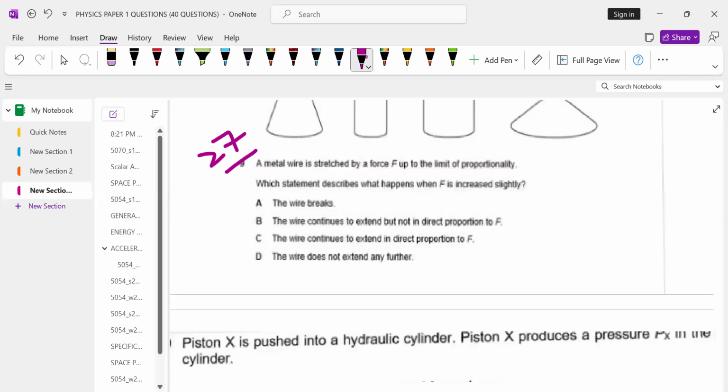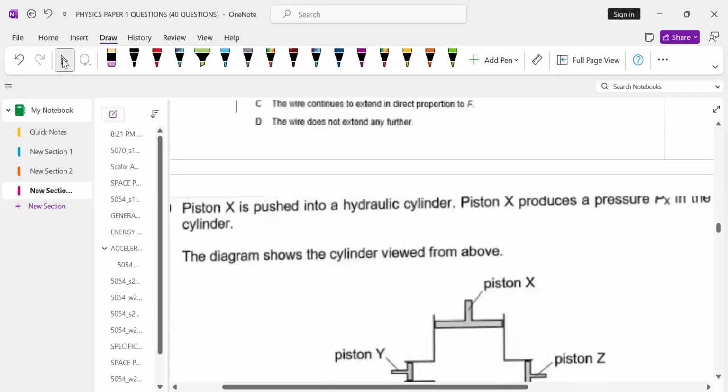A metal wire is stretched by the force F and pulled up to the limit of proportionality. Which statement describes what happens when force F is increased slightly? So when the limit of proportionality is reached and the wire is still stretched with the force F, the wire will continue to expand but not in direct proportion to F. So option B is correct for question number 27.